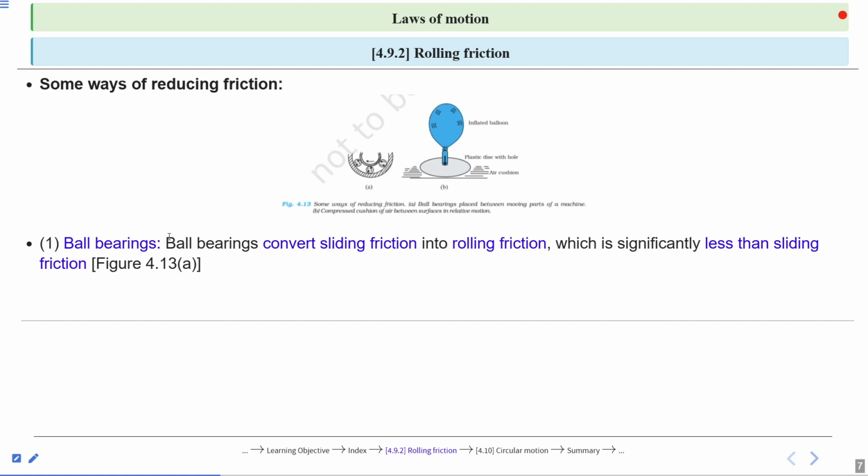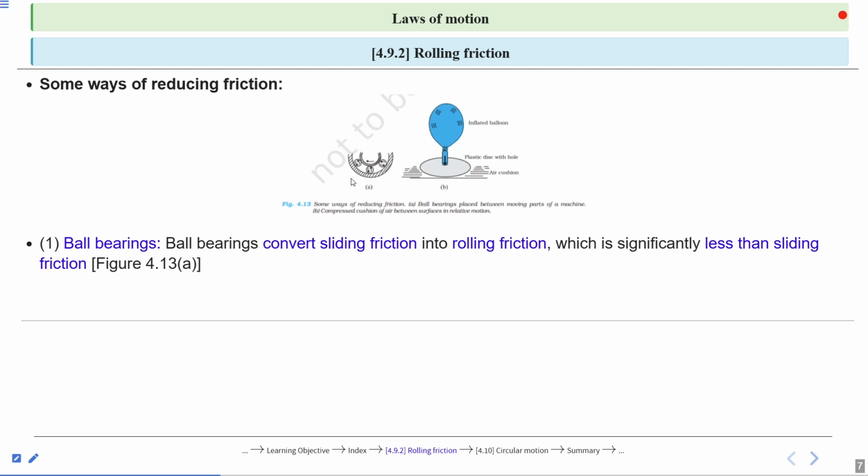Now here the question arises, what are ball bearings? Ball bearings are a method to reduce friction. Ball bearings convert sliding friction into rolling friction, which is significantly less than sliding friction.